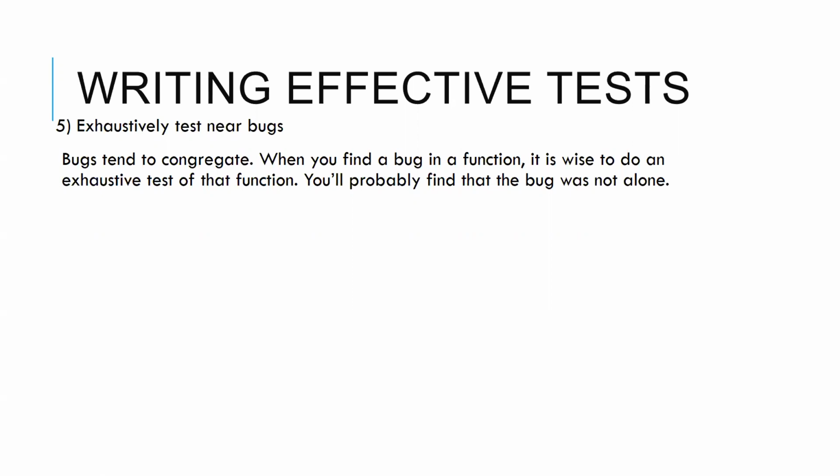It is said that bugs tend to congregate. So when you find a bug in a function, it is wise to do an exhaustive test of that function, and you might actually end up finding another bug and might be able to fix that one too.